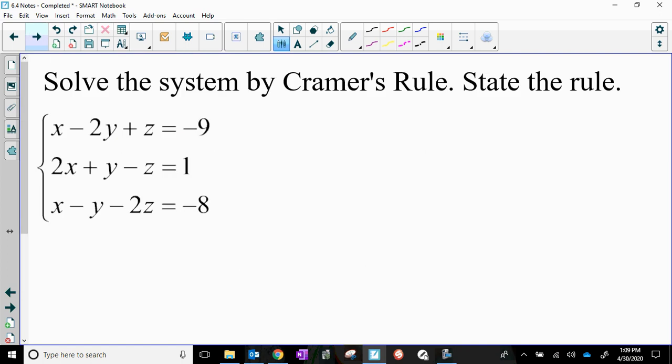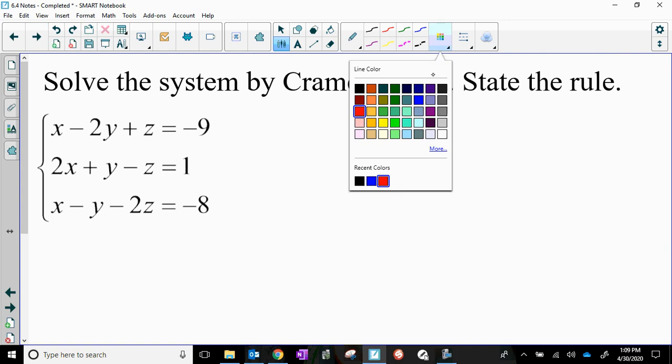All right. So the last thing we have here is solving a 3 by 3 using Cramer's rule. So we're going to do exactly what we did before. It's just, these are bigger matrices.